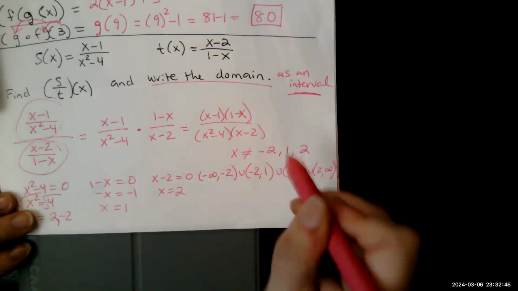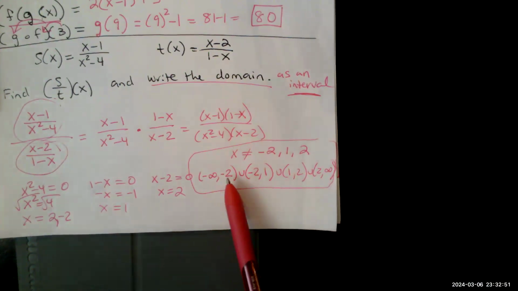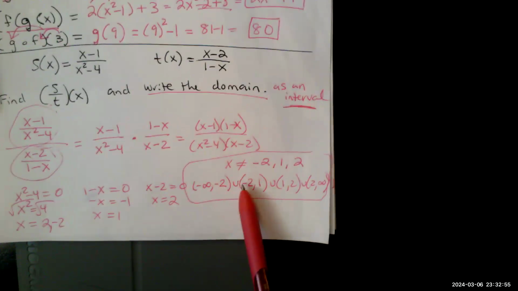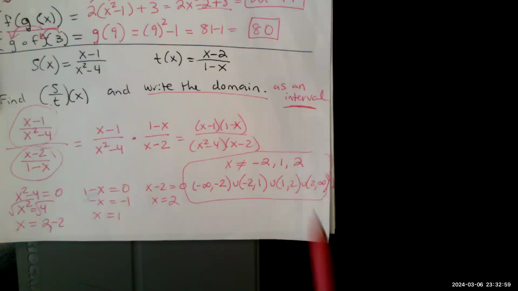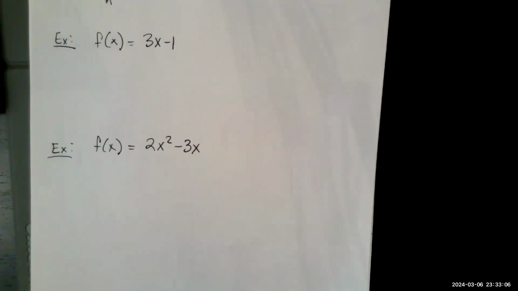So this is a very fancy way of saying we want every single number except for -2, because we're not including that because of these parentheses, except for 1, and also except for +2. So this gets some getting used to.